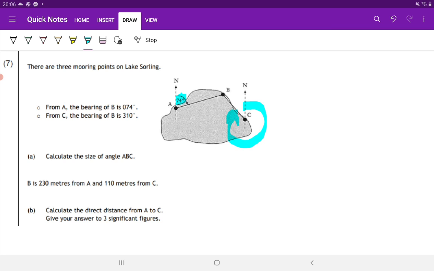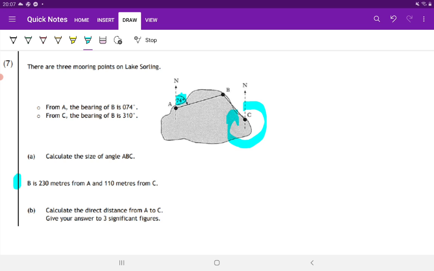Now, at this stage, guys, we have no lengths whatsoever. I know they appear further down in the question, but that's after part A, so we can't use that information. That therefore means it can't be sine rule or cosine rule; it's got to just be using all the angle work that we've done, extending the north lines, looking for Z shapes, etc. So, let's have a tackle of this.